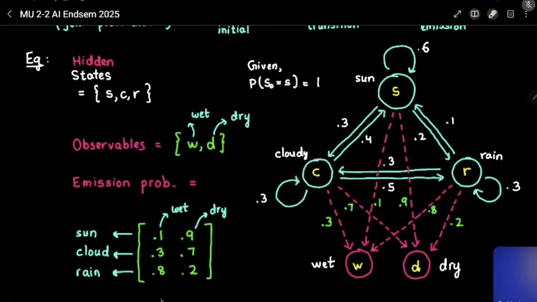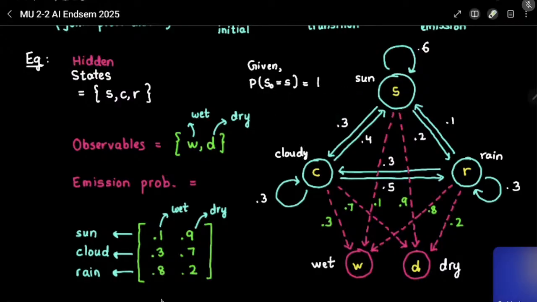The emission probability will be of the size number of hidden states cross number of observables. So you have 3 hidden states and a 3 cross 2 matrix. And this is the initial probability distribution. It is given that it is 1, but it need not be the case. It could also be like probability of S0 is 0.4, 0.3, 0.2, whatever. At last the sum should be 1.